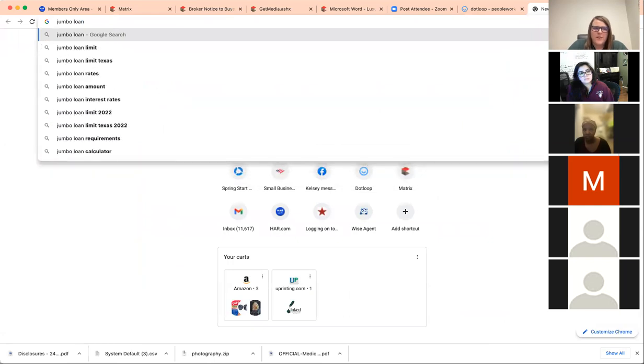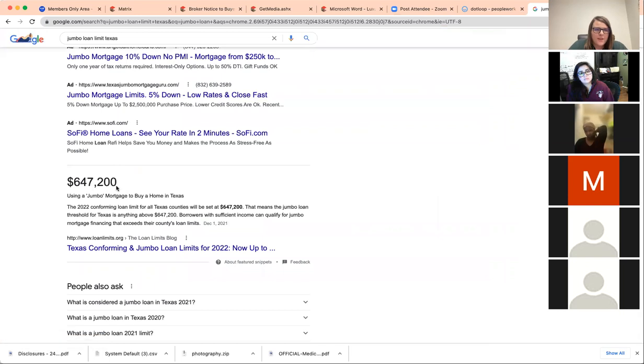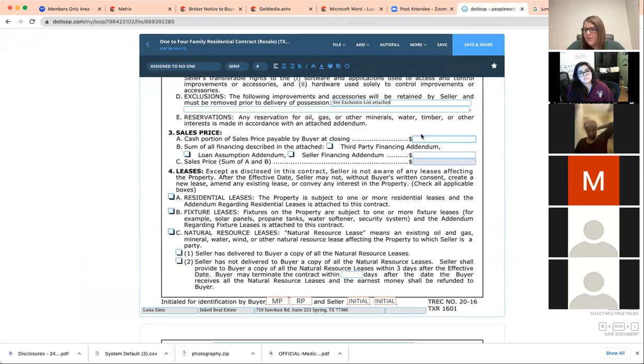Let's see what it is exactly. 647,200. So you have to make sure that you're working with a lender that does jumbo loans. But let's say they're putting 20% down. So 800,000.